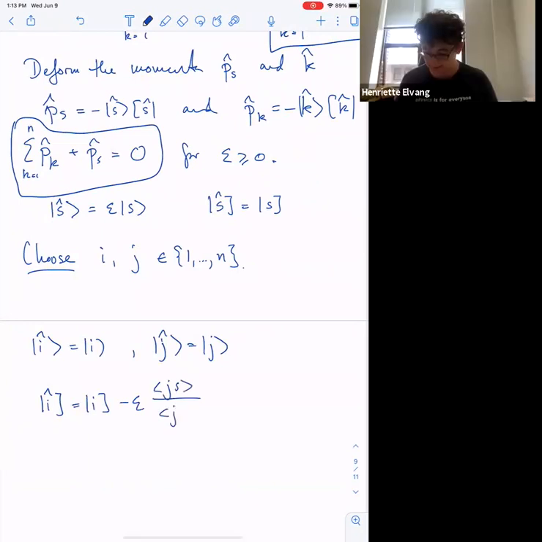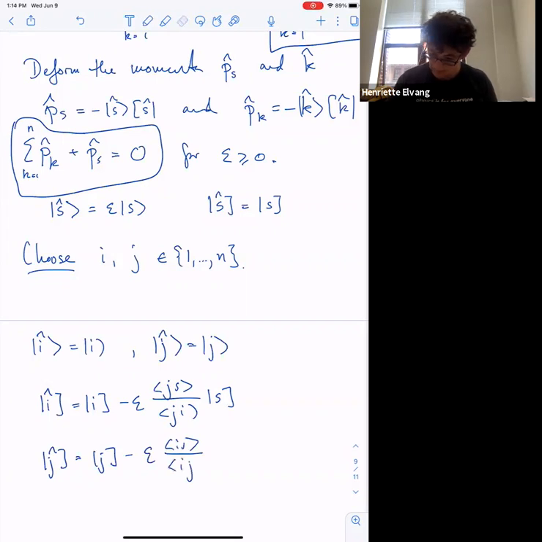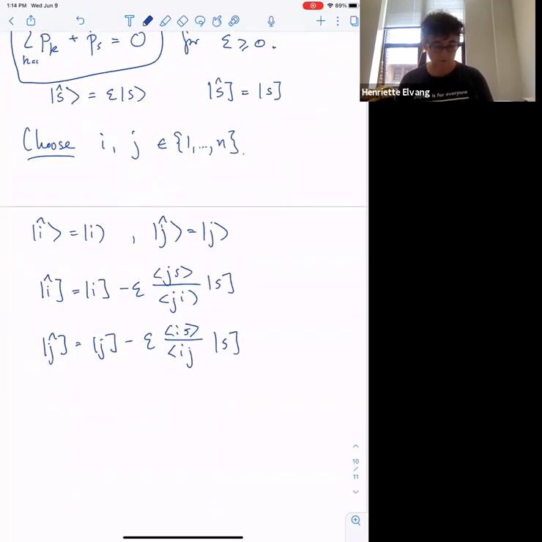So yes, you'll see exactly how this works. I'll deform the square bracket a little bit by a square bracket S times a certain factor. And I'll explain why that factor is what it is. So this is an S. Okay, so this is how I deform the particles.